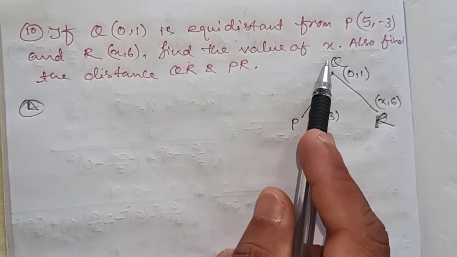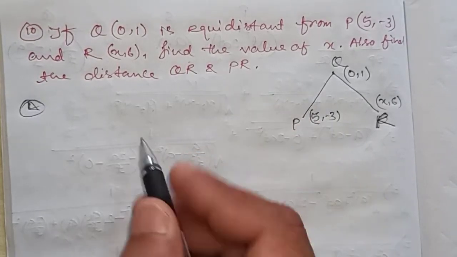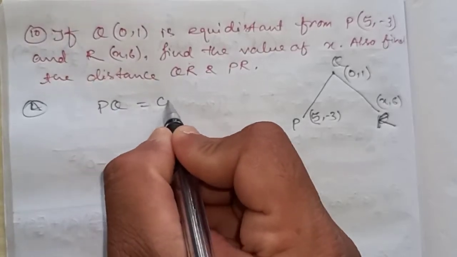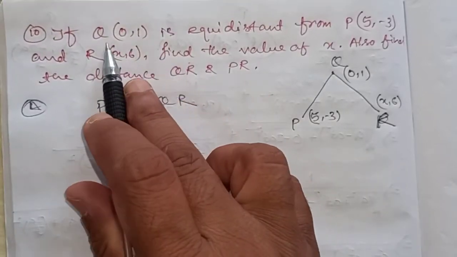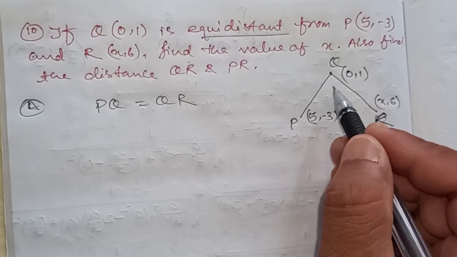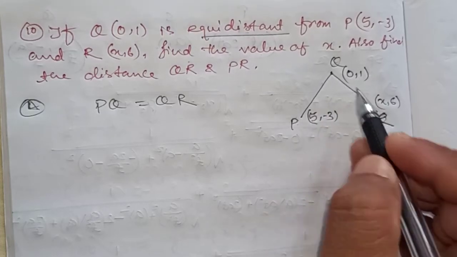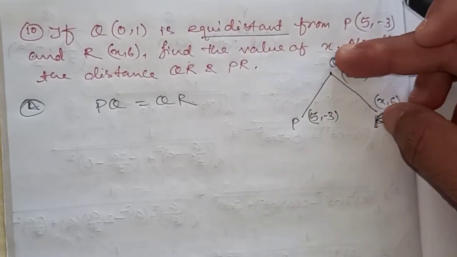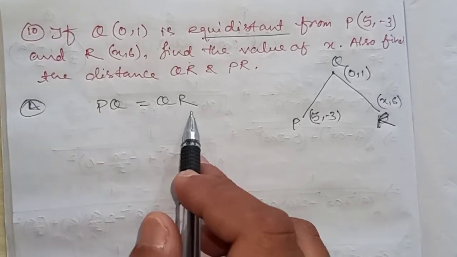Now we have to find the value of x as PQ equals QR, because it is given that Q is equally apart from P and R, that means this value is equal to this, so PQ equals QR.